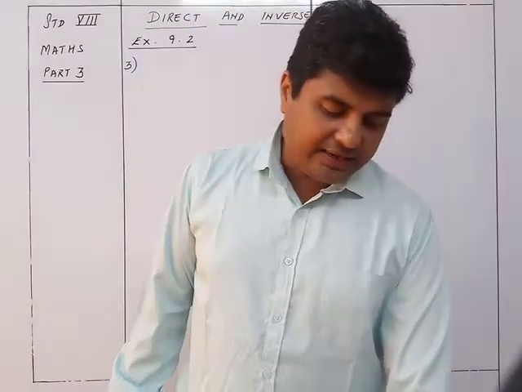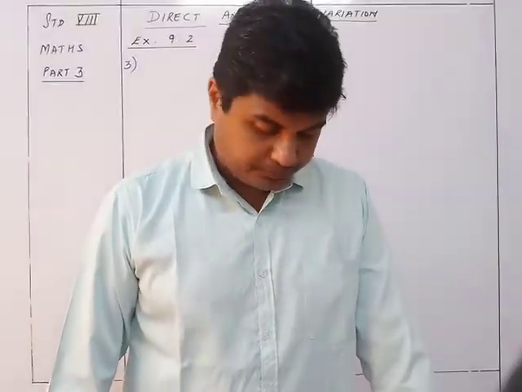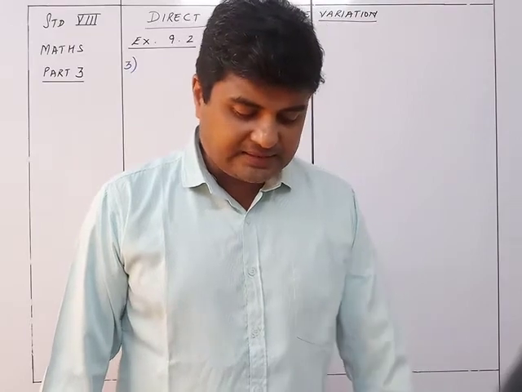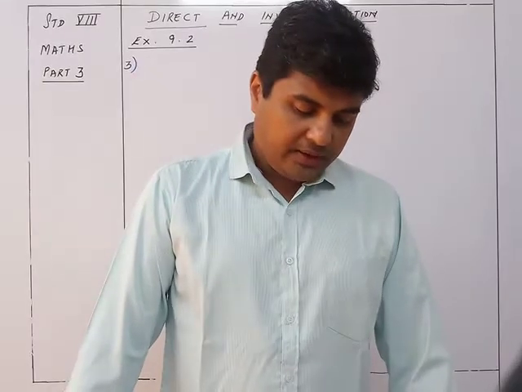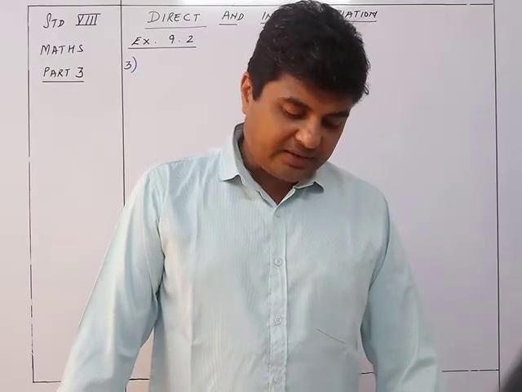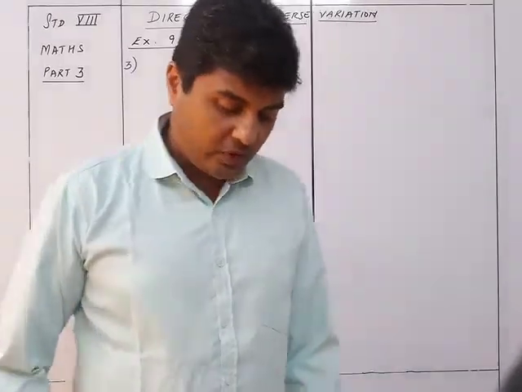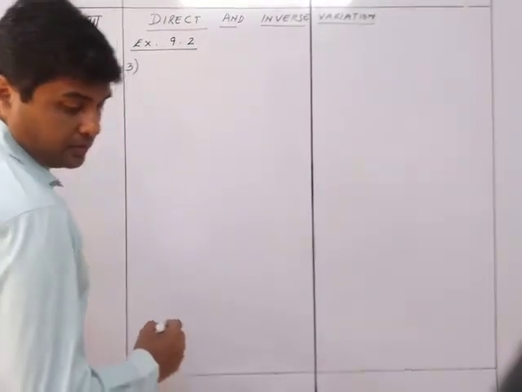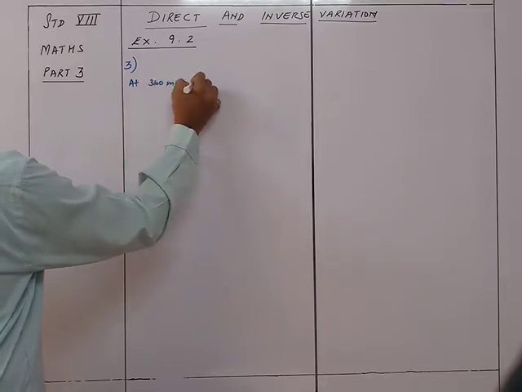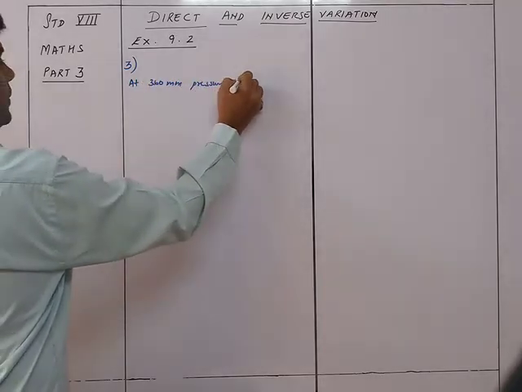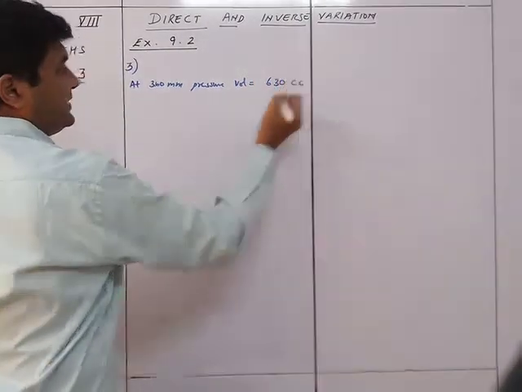Under the condition that the temperature remains constant, the volume of a gas is inversely proportional to its pressure. If the volume of the gas is 630 cubic centimeter at a pressure of 360 mm of mercury, then what will be the pressure of the gas if its volume is 720 cubic centimeter at the same temperature? So you have here that at 360 mm pressure, volume is equal to 630 cc.